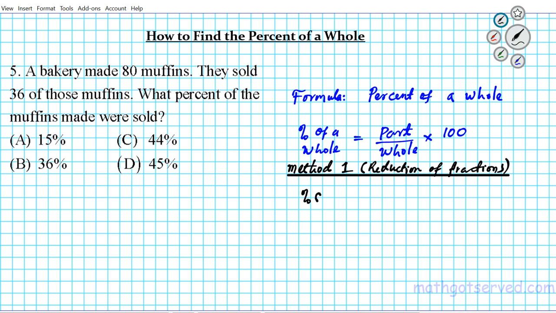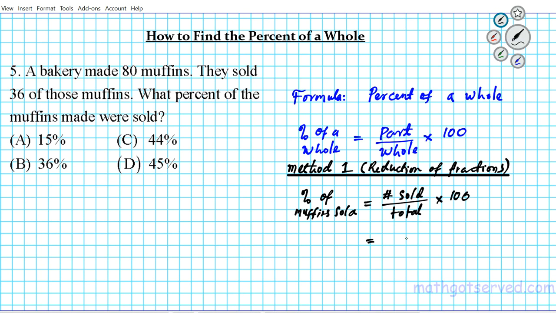So percent of muffins sold is going to be number of muffins sold divided by total. This will give us the fraction sold as part of a whole, multiplied by 100. Let's do it.